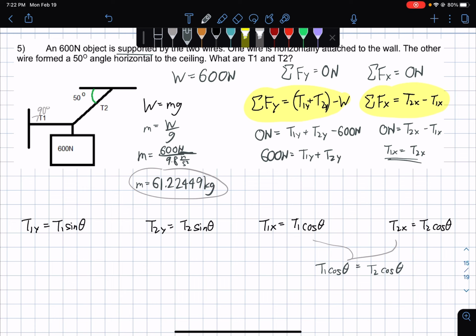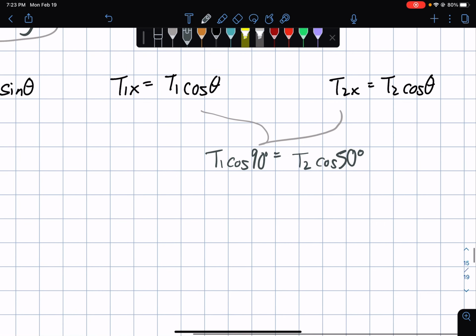Sorry, before we proceed, we just have to substitute theta values. So for T1, I believe that's 90 degrees. And then for T2, it's going to be 50 degrees. So from there, T1 is equal to T2 cosine 50 degrees, and then the denominator will be cosine 90 degrees.